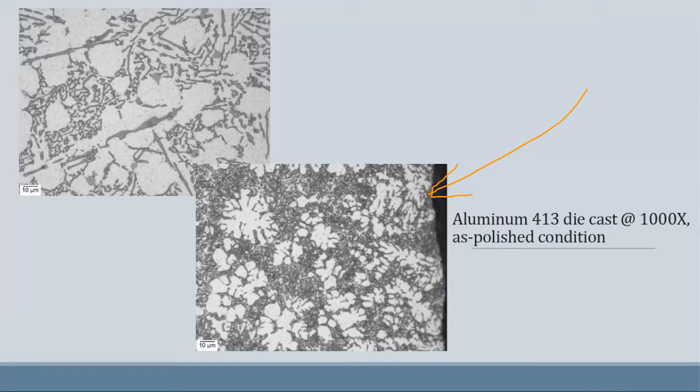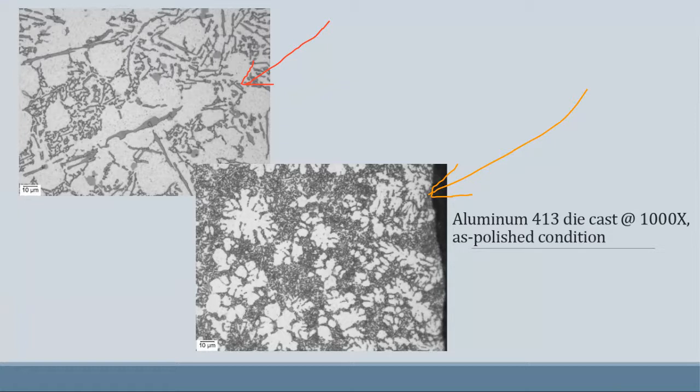And this top image over to the left, that's the core of the metal, the center of the piece. You have two very different microstructures. It's the same material, just in two different locations.